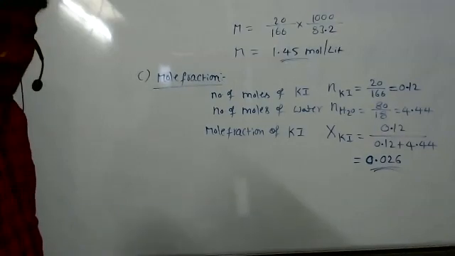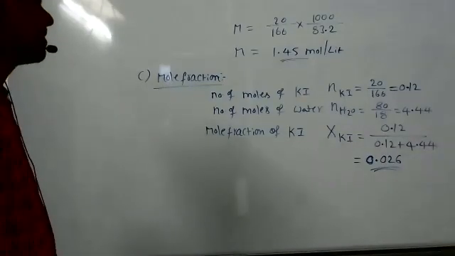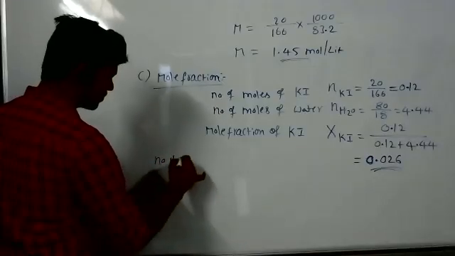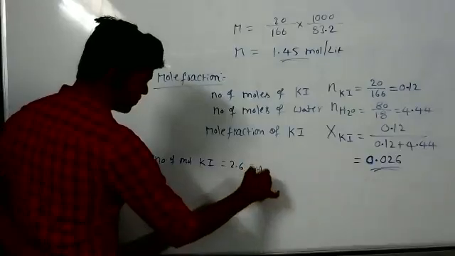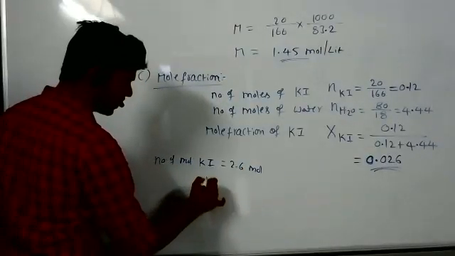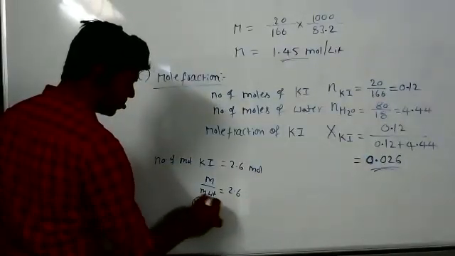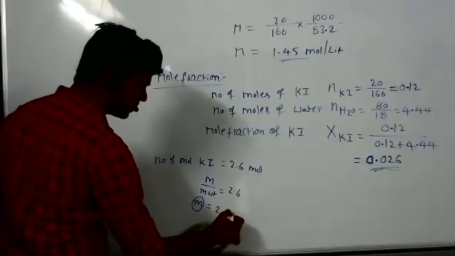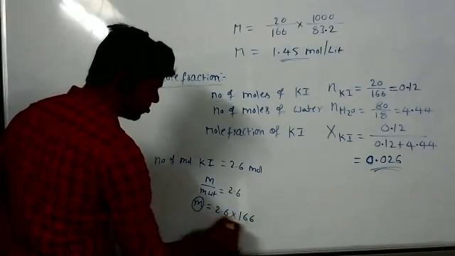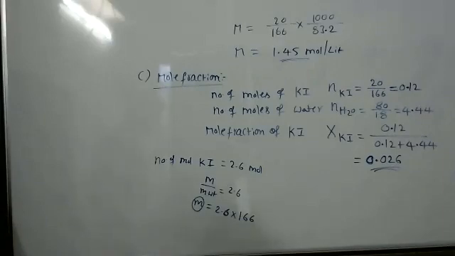Number of moles is mass by molecular weight, so we take 2.6 into the molecular weight 166. 2.6 into 166 gives 431.6 grams. That is the mass of potassium iodide.